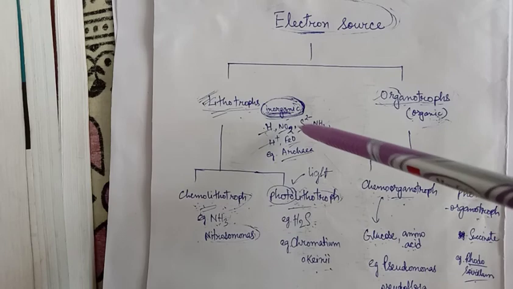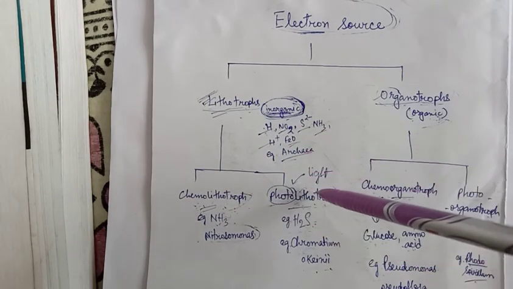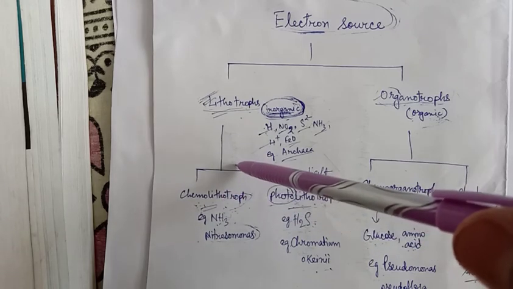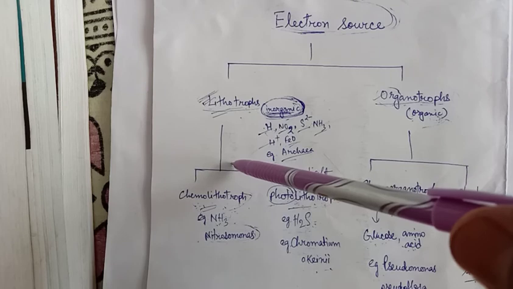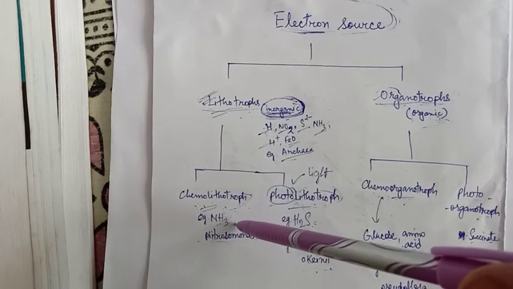Lithotrophs are again classified into chemolithotrophs and photolithotrophs. Chemolithotrophs gain energy from reduced inorganic compounds such as ammonia as a source of electrons.